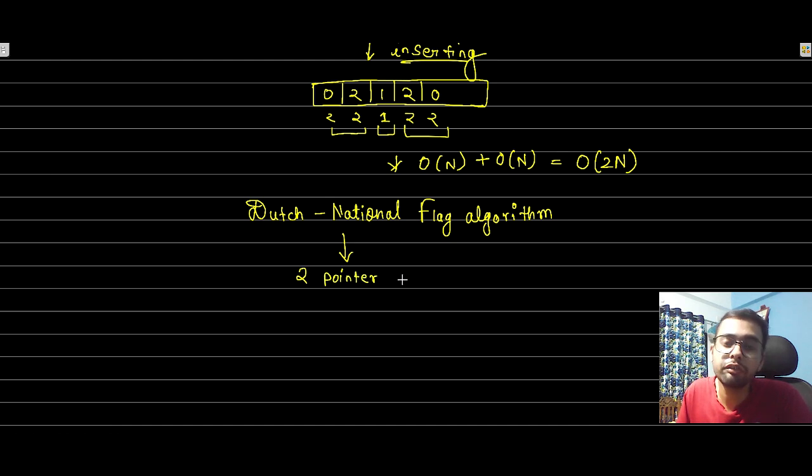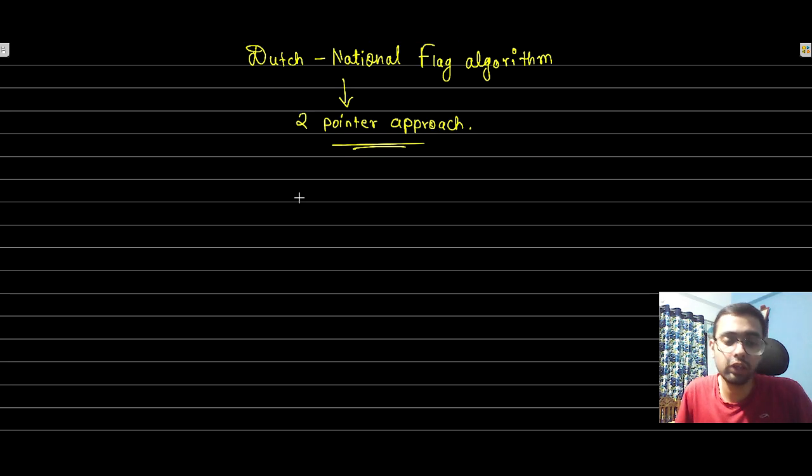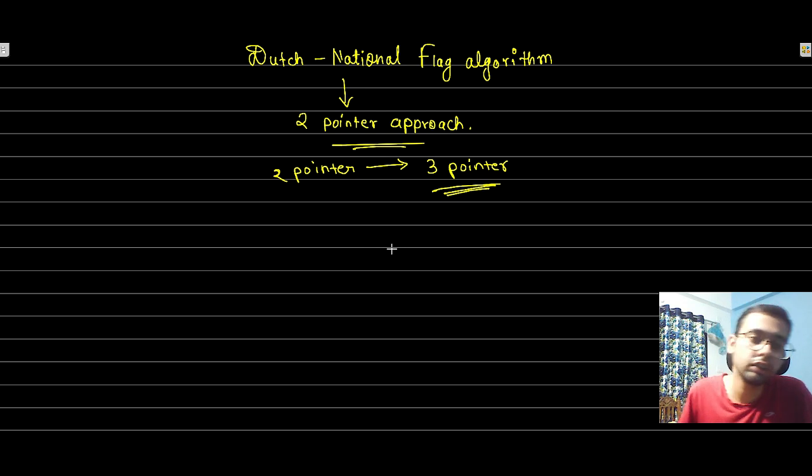In this algorithm, rather than two pointers, it will use a three-pointer approach. One would be the low pointer, another the mid pointer, while the other one is the high pointer.